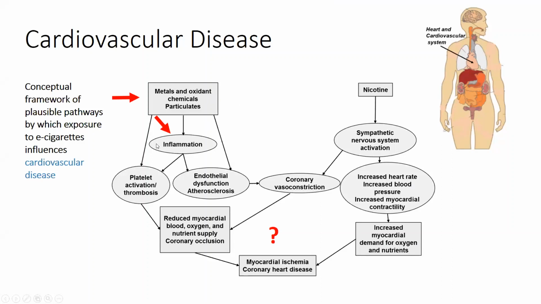This could lead to platelet activation or thrombosis or clot formation. This could potentially lead to endothelial dysfunction, atherosclerosis, which could lead to reduced myocardial blood oxygen and nutrient supply. That could lead to a myocardial ischemia or coronary heart disease. Nicotine also has effects on the sympathetic nervous system, so it activates the sympathetic nervous system, increased heart rate, increased blood pressure, and so on.